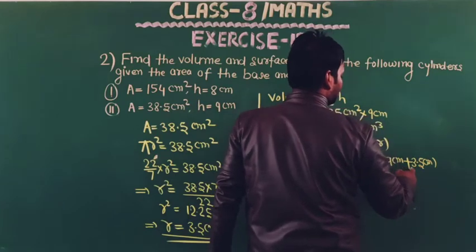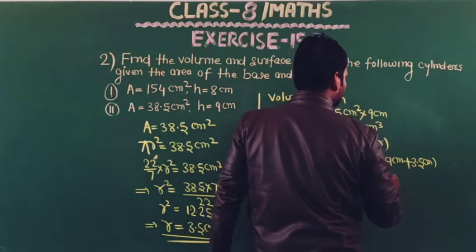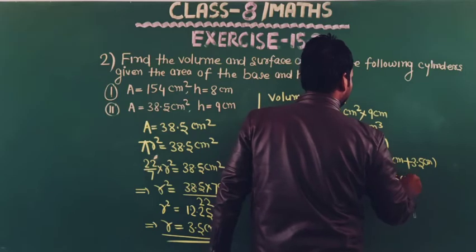So 9 plus 3.5 is equal to 12.5 centimeter.